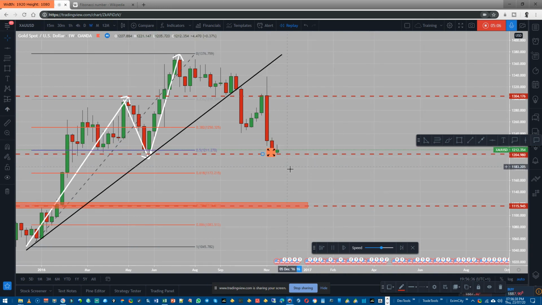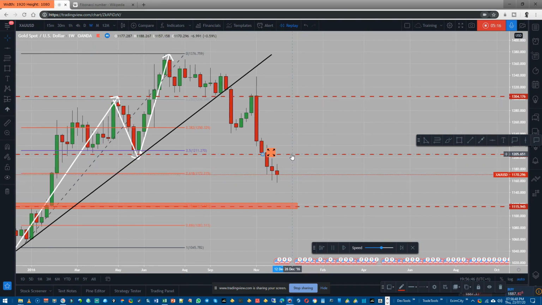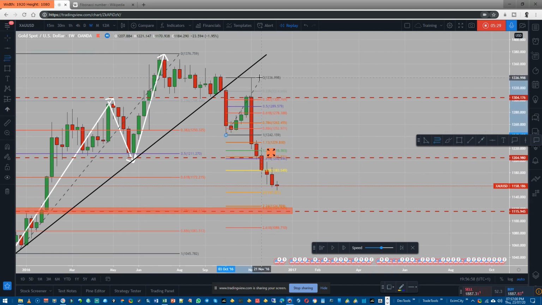Okay, testing it again. Okay, it has broken it. Let's see if it tests it. There was no retest. Let's see if it actually goes down all the way to this place. Before we look at that, we already see that there is a new structure here. So we can now add to our confluence by drawing a Fibonacci extension on it.